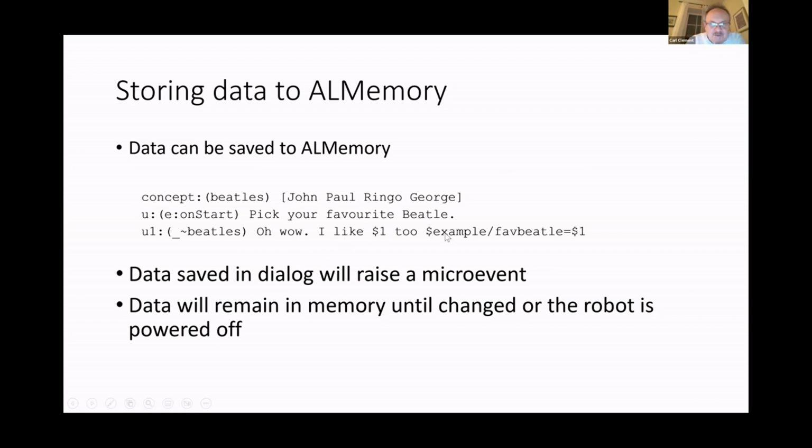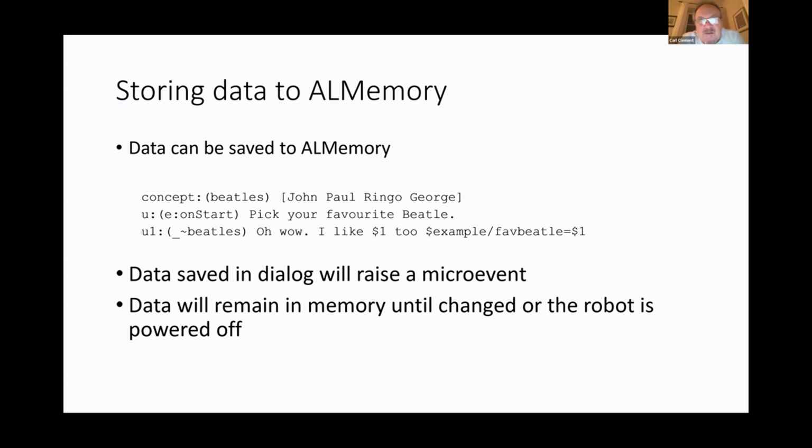And then this $example fave beetle equals $1 says store in AL memory under example fave beetle, whatever my response was. Now, when it stores that into memory, it also raises a micro event.